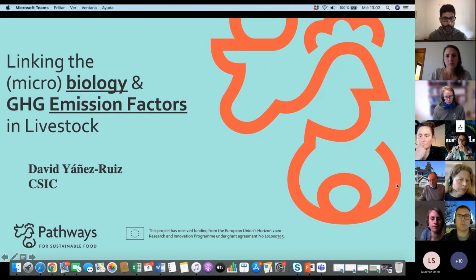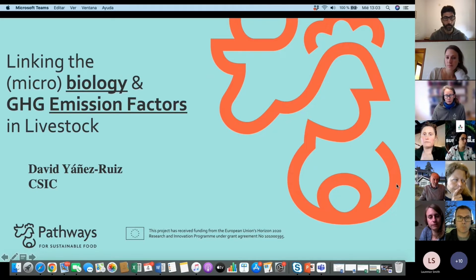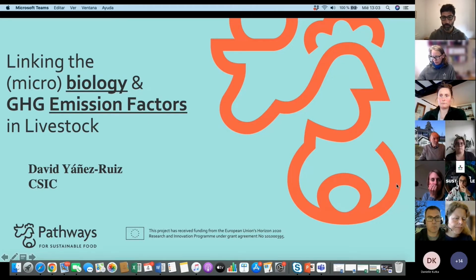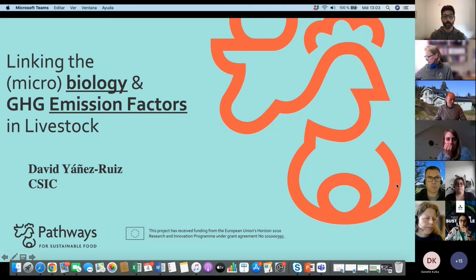So the idea for the next 20 minutes or so is to provide a very general overview of the main sources of greenhouse gases emissions related to livestock production, and to present some examples of the link between the biology or the microbiology involved in these emissions, and how we can link that to the development of different emission factors to be able to calculate or to estimate emissions from these different sources.